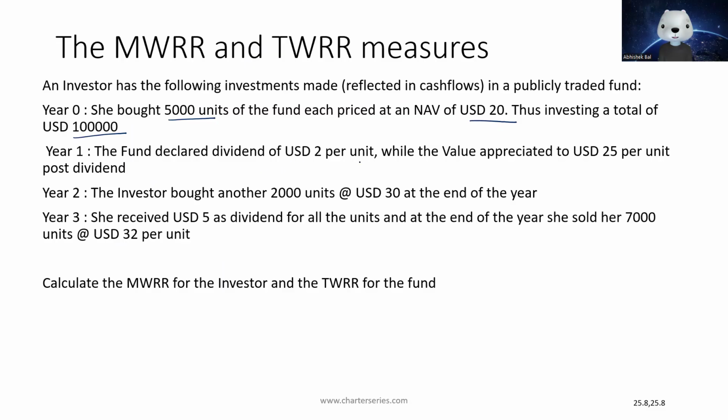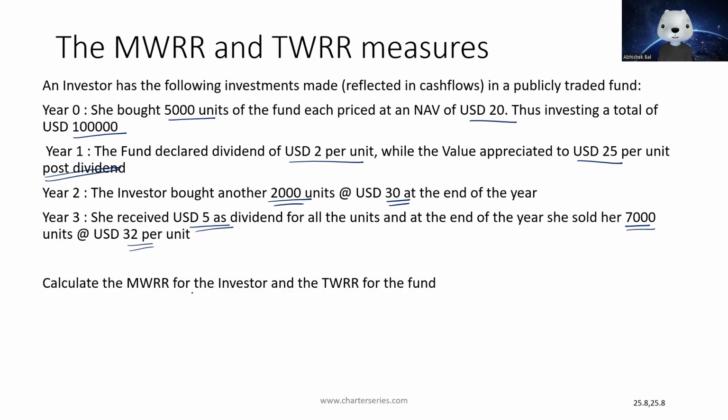And the fund declared a dividend of USD2 per unit, while the value appreciated to USD25 per unit post dividend, explicitly mentioned. At the end of year two, the investor bought another 2,000 units at $30. And at year three, she received a $5 dividend for all the units. And at the end of year three, she sold her entire 7,000 units at 32 per unit.